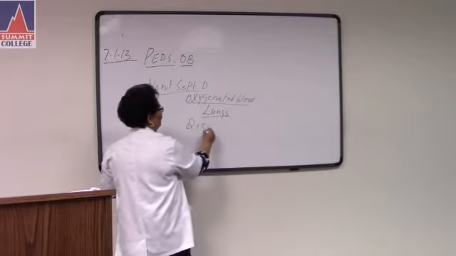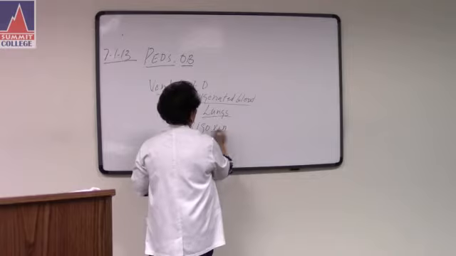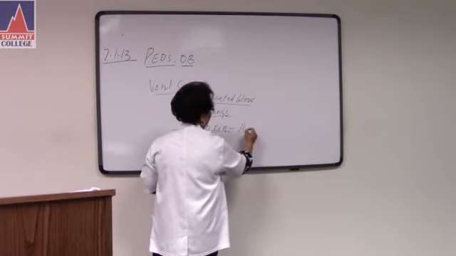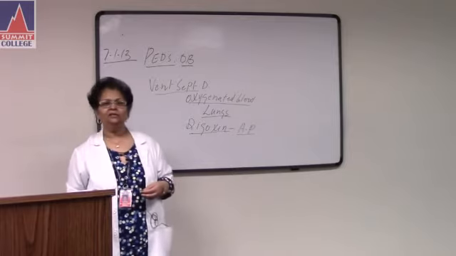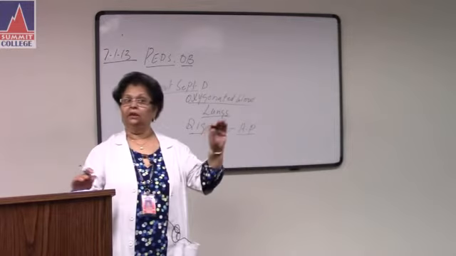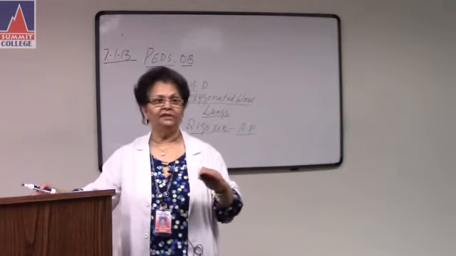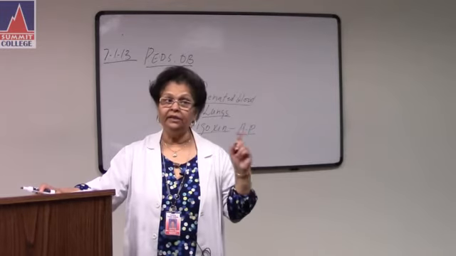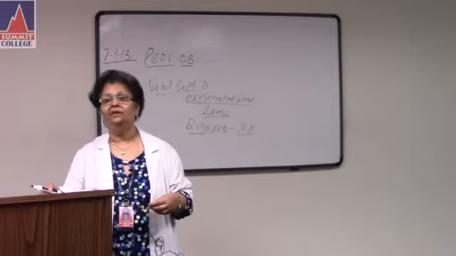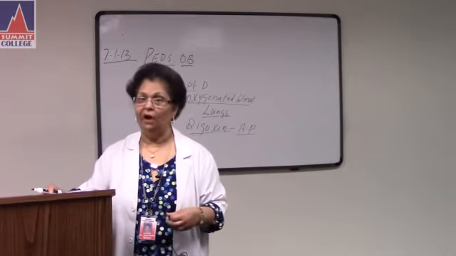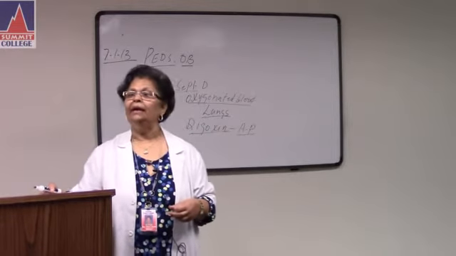You are giving a baby digoxin. What do you monitor? Apical pulse. What is the side effect of digoxin in the babies? We have talked about the adult, and we have said the earliest sign in adult is anorexia. But they are small babies. The side effect of digoxin is vomiting and bradycardia.